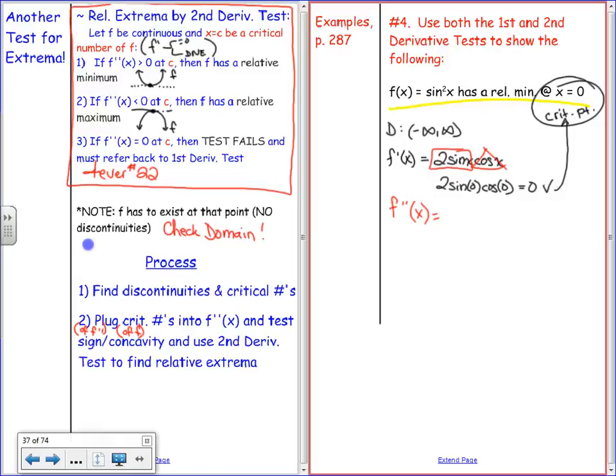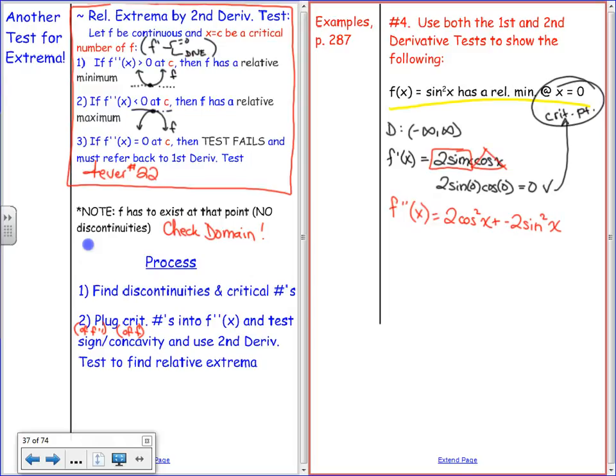It's not the nicest, but derivative of, product rule, derivative of the first, cosine. 2 cosine times cosine, 2 cosine squared. Derivative of the second. Derivative of cosine is negative sine times 2 sine would be negative 2 sine squared. Second derivative test. Check the discontinuities, find the critical numbers, plug the critical numbers into the second derivative, and check your concavity.